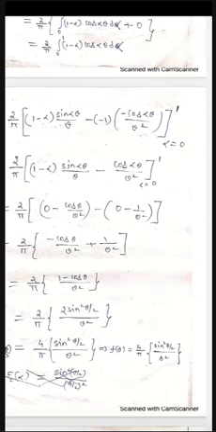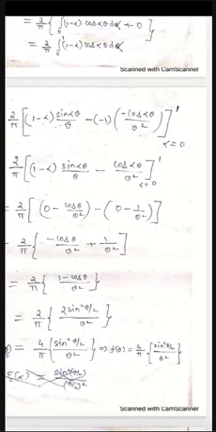Cos 2 theta is 2 cos square theta minus 1. So three formulas are there for cos 2 theta. Using that, we have 1 minus cos theta is 2 sine square theta by 2, putting theta by 2 in the place of theta. So that's what we got.